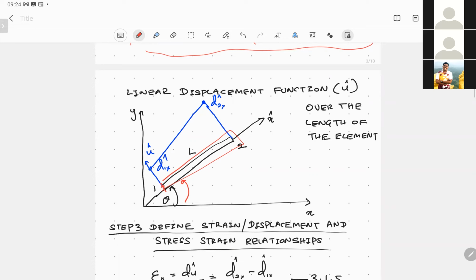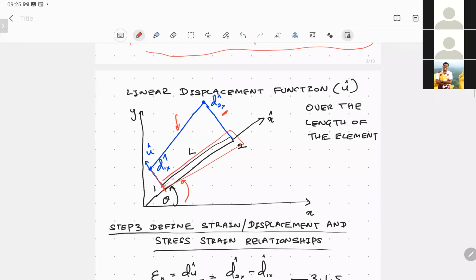Here at node 1, you would see there's a d1x hat displacement, and at node 2, there's a displacement given by d2x hat, and it is continuous. There's nothing discrete or no change. It's simply a linear function. Although I have just drawn the displacement in the y hat direction, this is for you to get a general understanding.